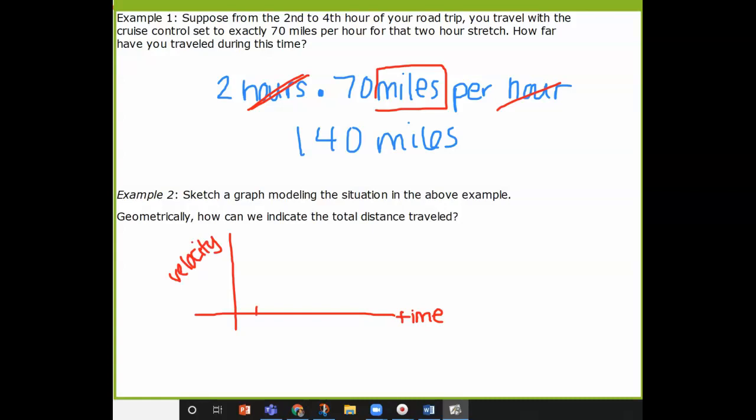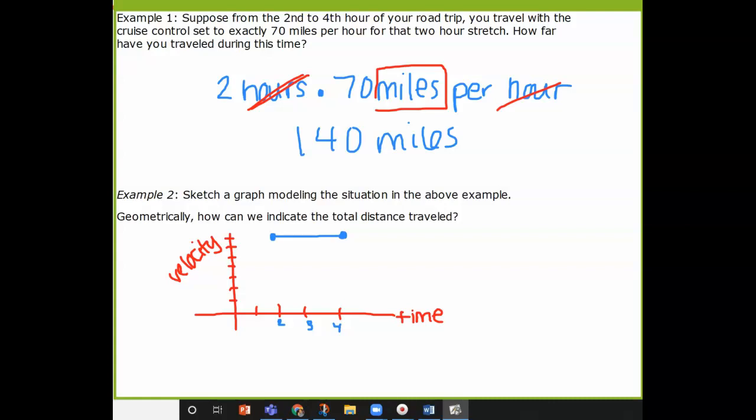We have hour 1, 2, 3, and 4, and then 10, 20, 30, 40, 50, 60, 70. The only information we're given is our speed at hours 2, 3, and 4 is 70, and it is a constant speed. So our graph of our speed from hours 2 to 4 would be a horizontal line.